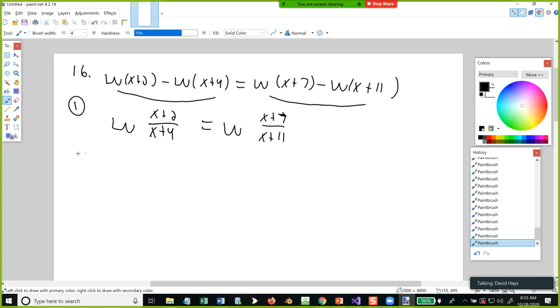Okay, step 2, drop the log part. So drop the ln. Like (x plus 2) over (x plus 4) equals (x plus 7) over (x plus 11).